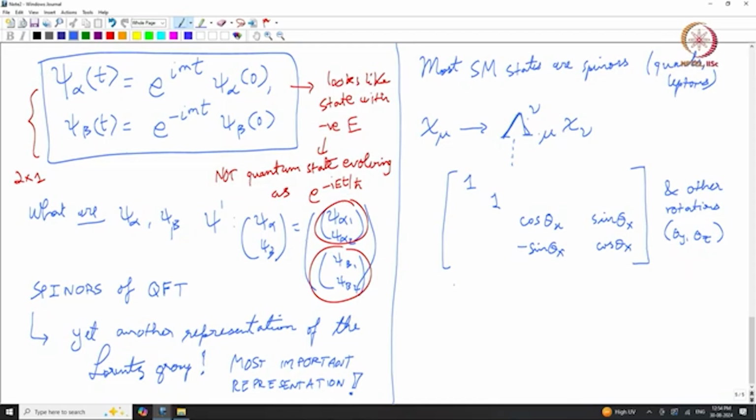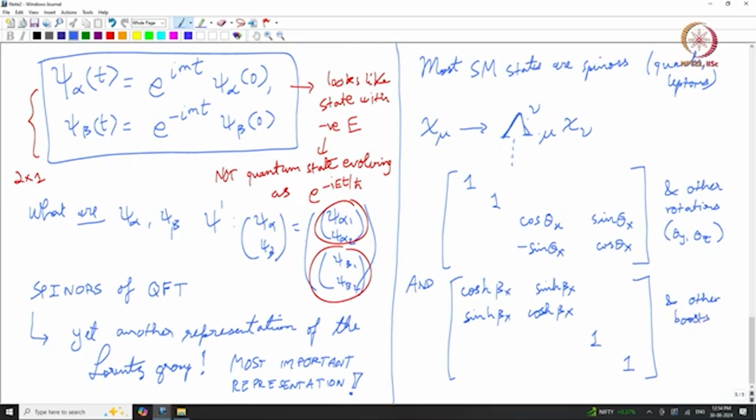You can also have boosts in the x direction parameterized by beta. Remember from your relativity course. So boost in the x direction I can write this way, and in other directions I can write using a beta y and a beta z.